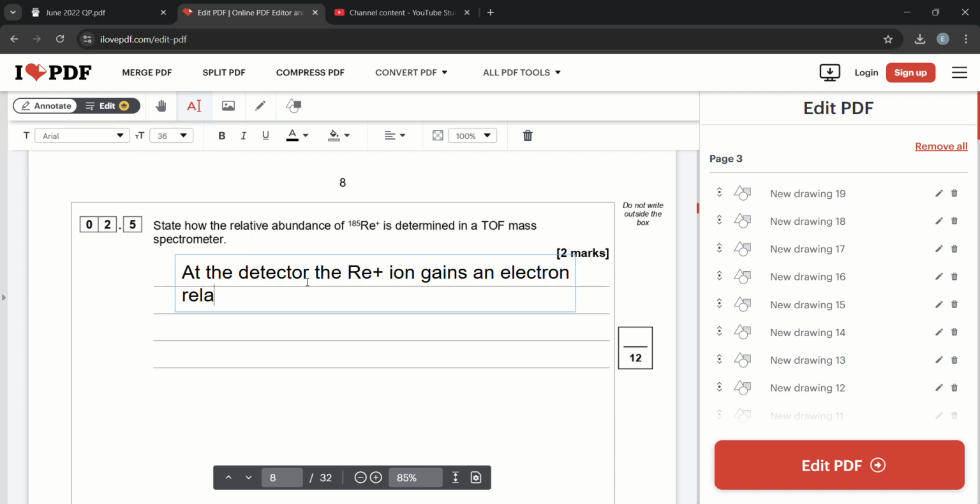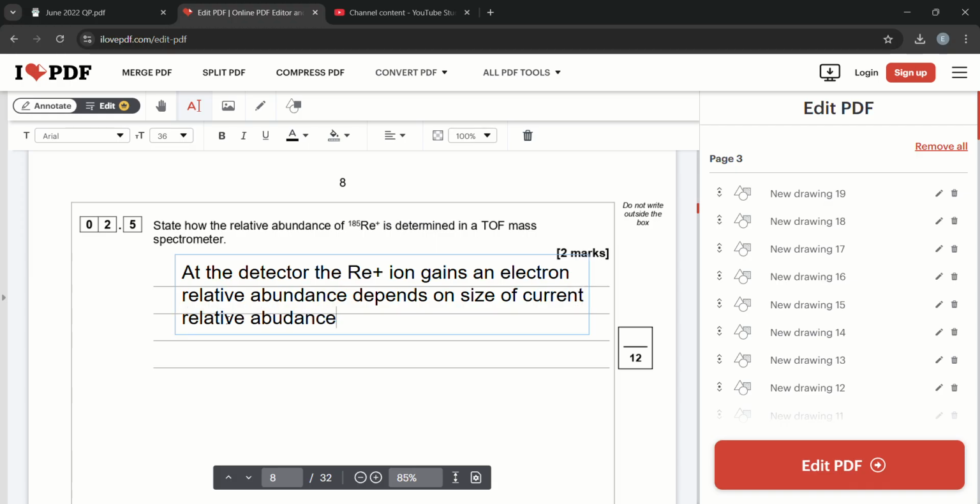And the relative abundance depends on the size of the current, or you can say relative abundance is proportional to the size of the current. I'm pretty sure you can say this as well, but we'll just leave it as that.